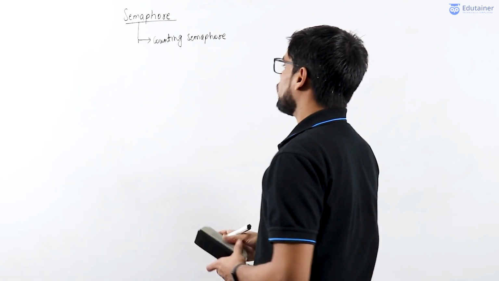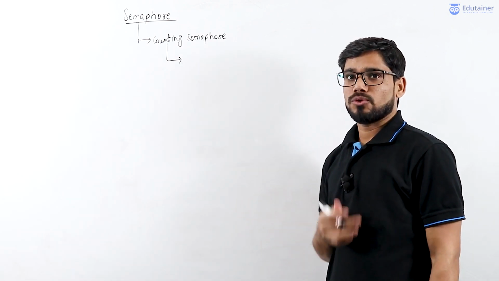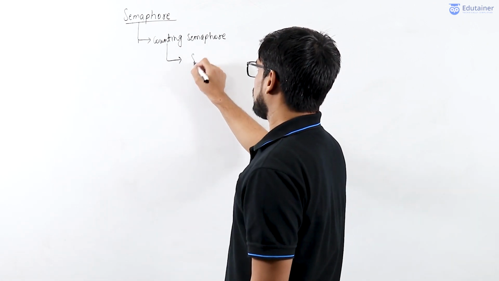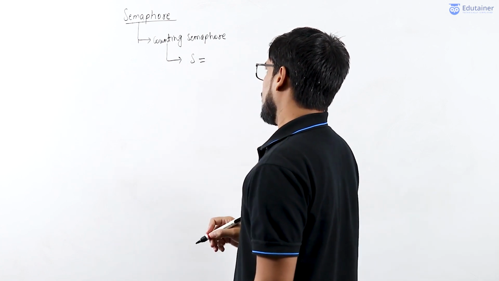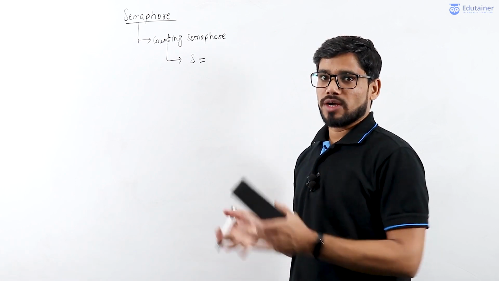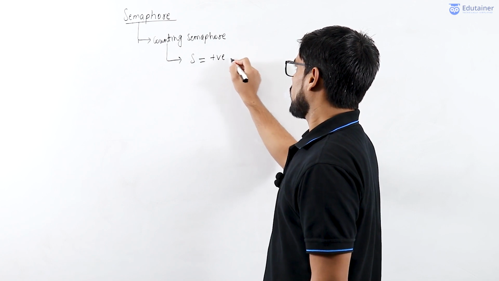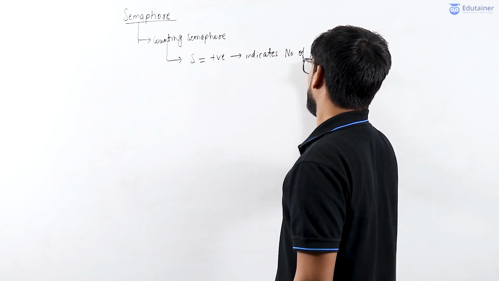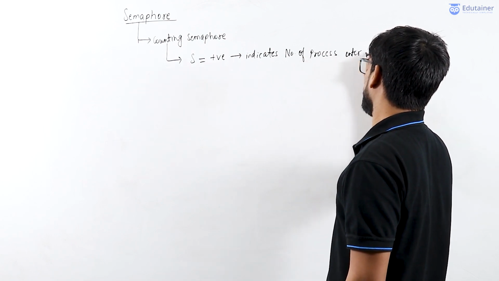In counting semaphore, more than one process is allowed to enter into the critical section. Generally a semaphore value is set, and based on this value we allow a certain number of processes to enter into the critical section. If the semaphore value is positive, it indicates the number of processes that can enter the critical section.